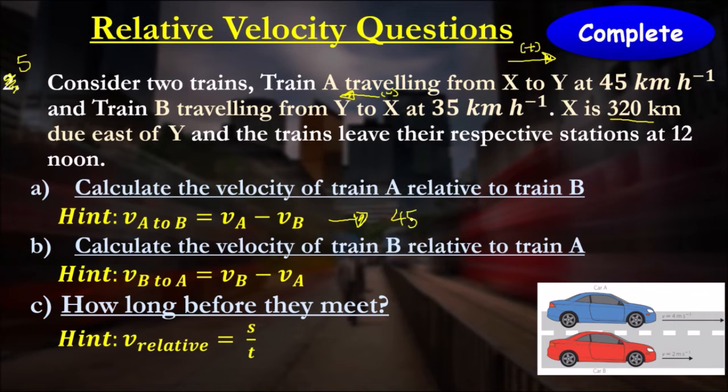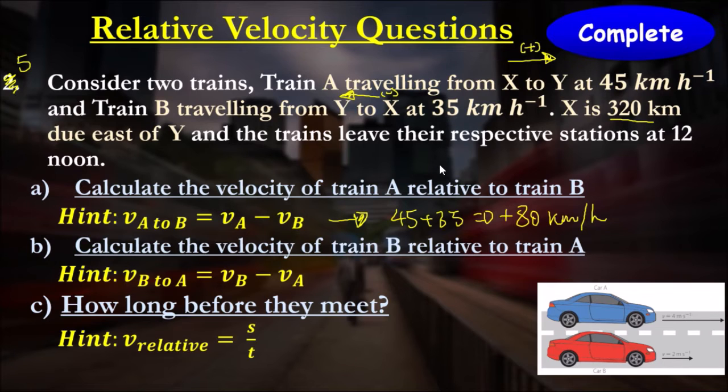So 45 plus 35, in which case is 80 kilometers per hour. According to train B, train A would be moving in the positive direction because we said train A's direction is positive here, okay?